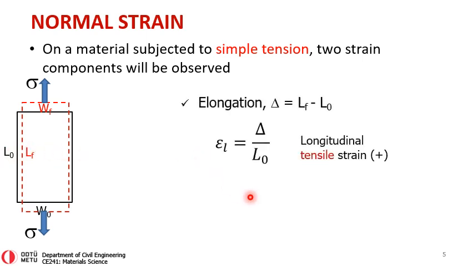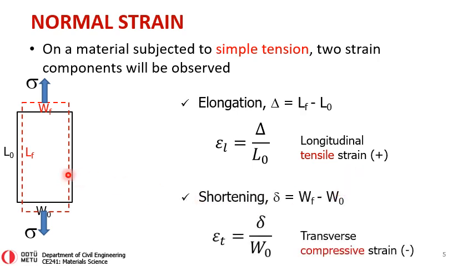Therefore, we can calculate the elongation as delta, the final length LF minus L0 is the total elongation, and dividing that delta by the original length L0, we can calculate a longitudinal strain, and it is going to be a plus, indicating that this is a tensile strain.